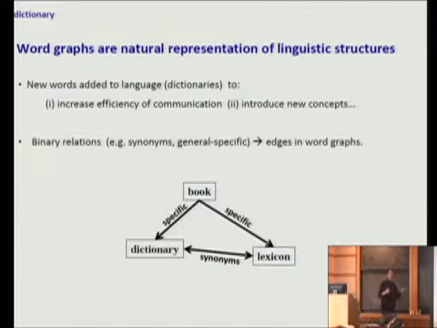Then we can look at binary relations between these words, for example, synonyms, or the relation of specific and general. This defines a graph. These are edges. So for example, in this simple graph, book is a general word, and specific instances are lexicons and dictionaries, which are synonyms. We can go on and build a whole graph of a dictionary, of a language, and look for structure.